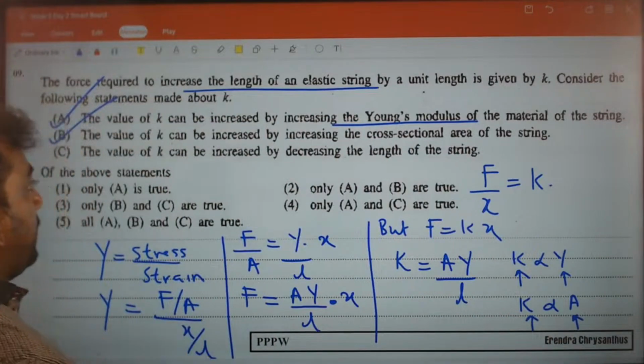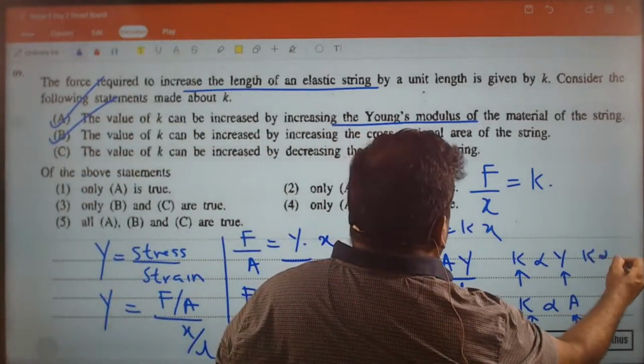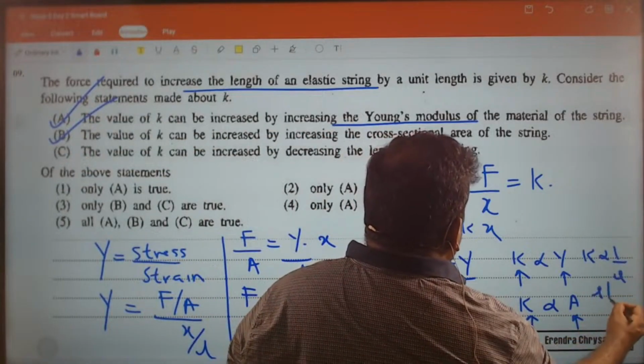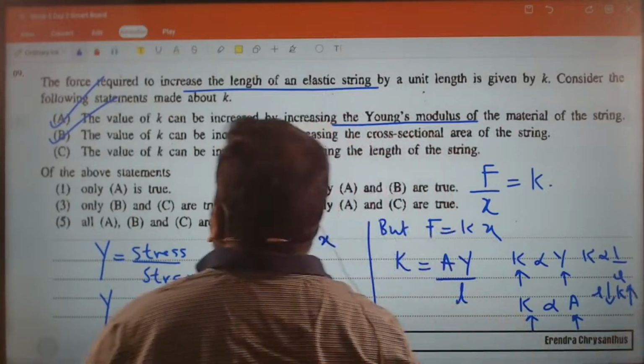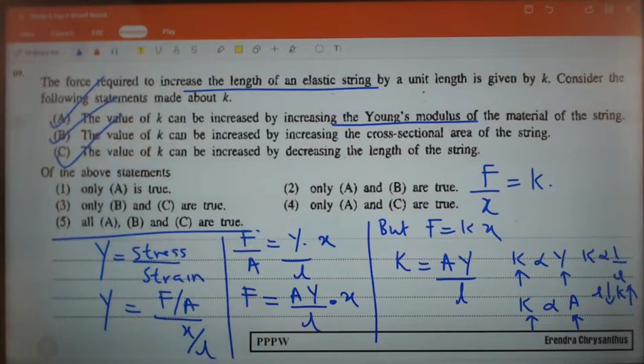Value of K can be increased by decreasing the length. Yes. K is inversely proportional to length. Reduce the length, increase the K. C is correct. All A, B, C are true. Very easily you can get the answer. Don't forget that. Very simple work.